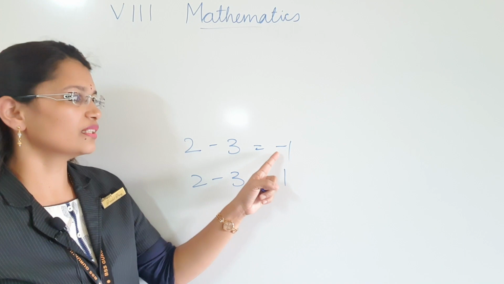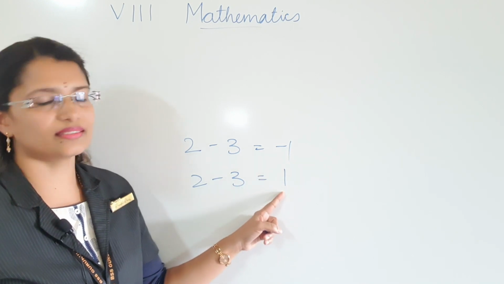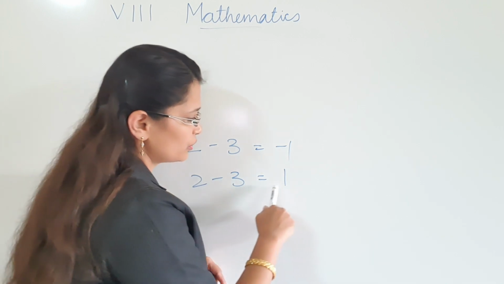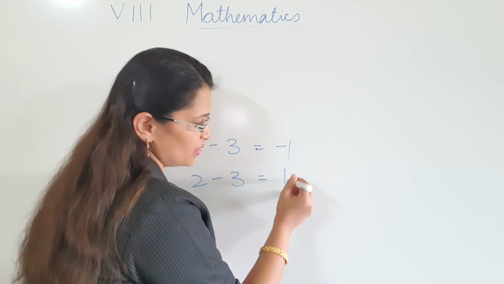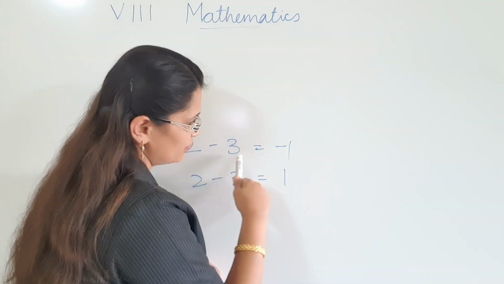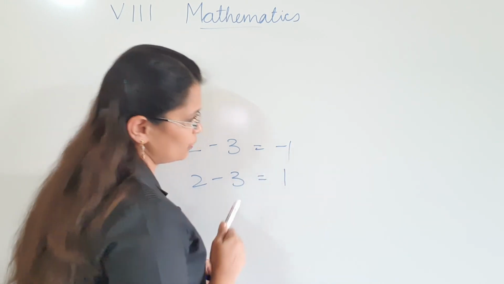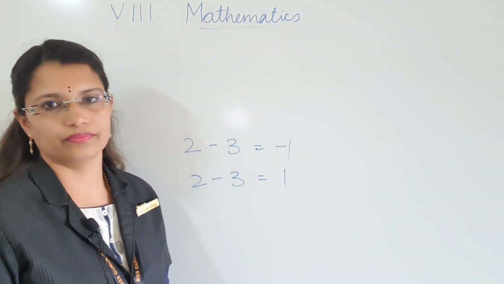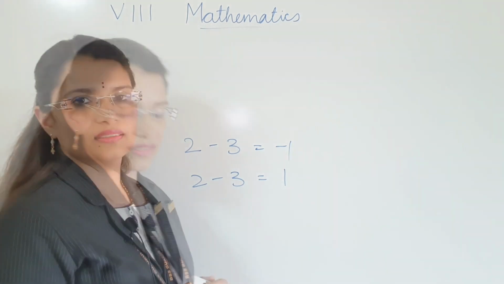That means, is this wrong and is this right? No. Even if most of you got this answer, this is wrong. And if no one got this minus 1, this is the right answer. Right? Okay?